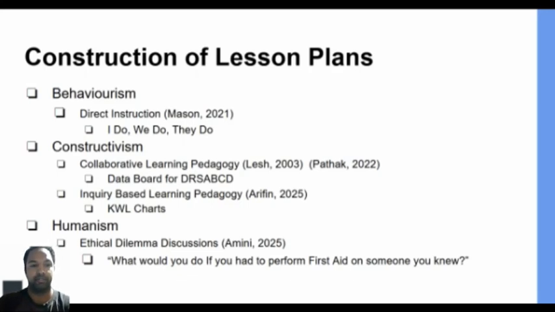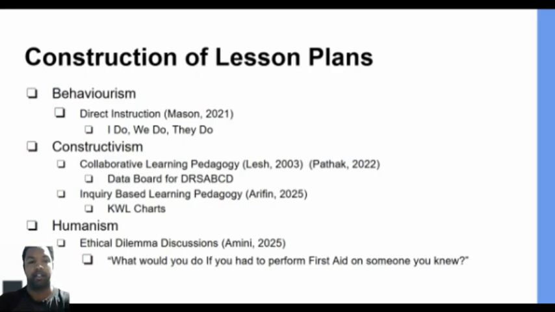Arfin in 2025 highlights that inquiry-based learning encourages students to explore questions and problems independently, leading to a deeper understanding. The use of KWL charts aligns with this by actively engaging students in the learning process whilst developing their critical thinking skills.